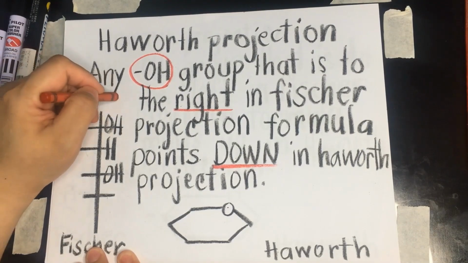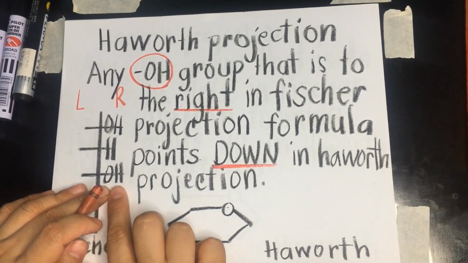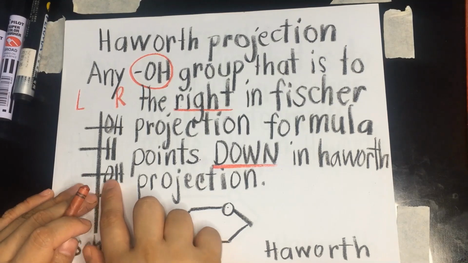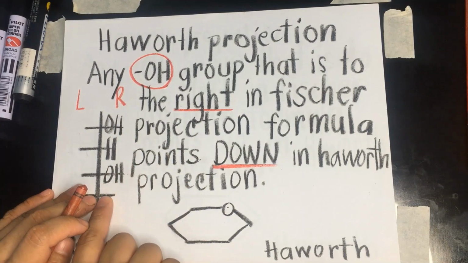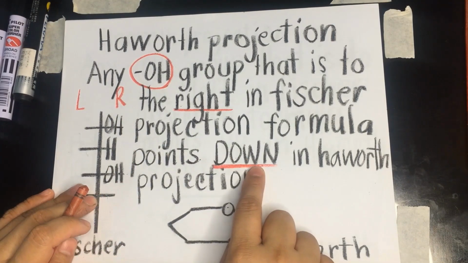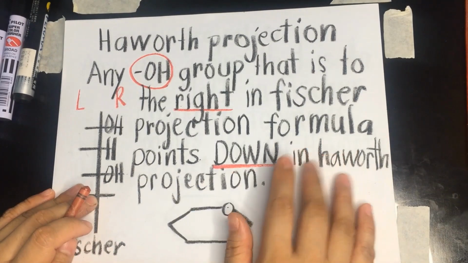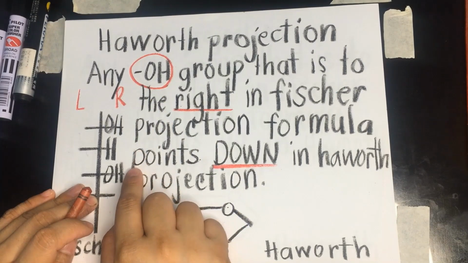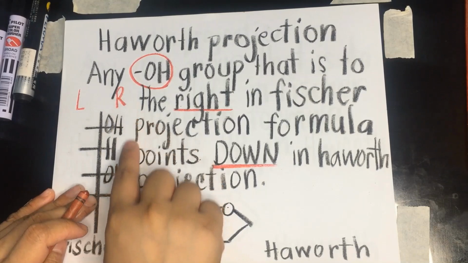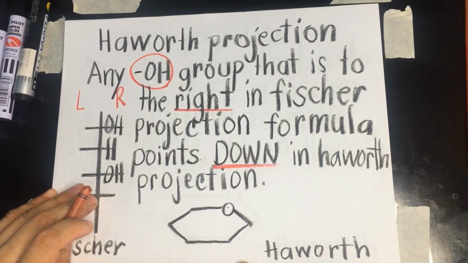Left side, right side. Any substituents, hydroxyl group, hydrogen group that are placed on the right side of the Fisher projection formula, we are going to place them downwards in a Haworth projection. Again, any hydroxyl group or hydrogen or any substituents that are located on the right side in a Fisher projection formula, we are going to point them downwards.